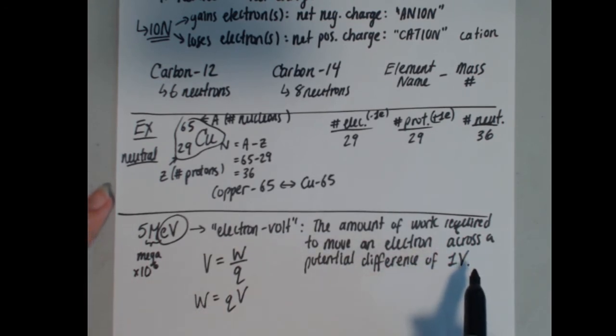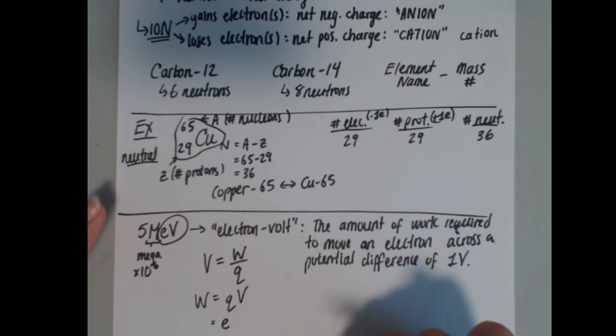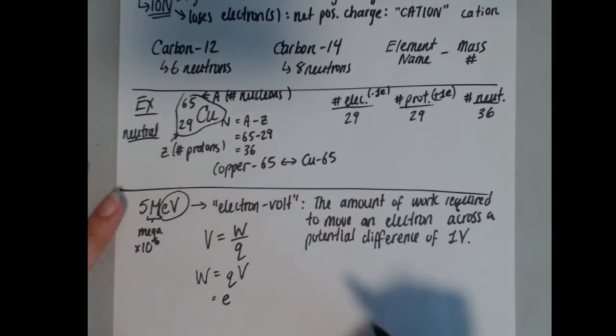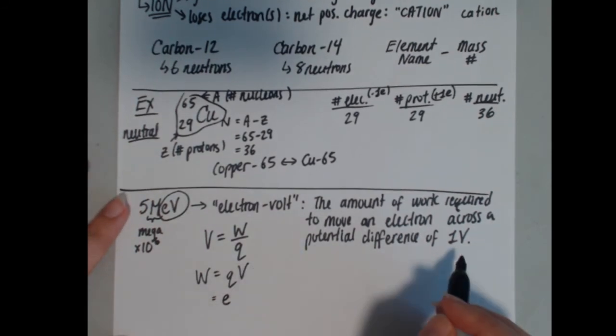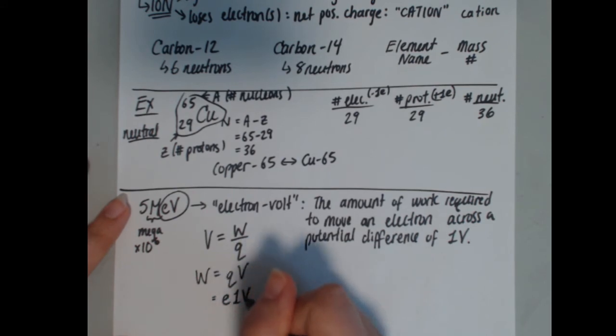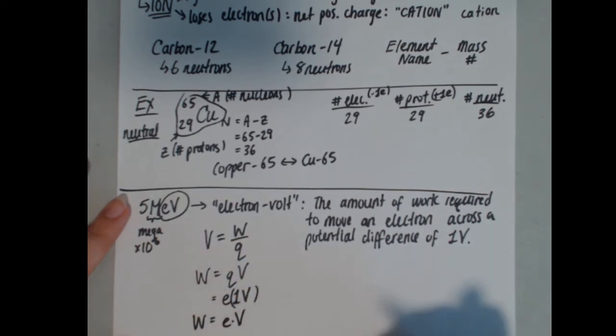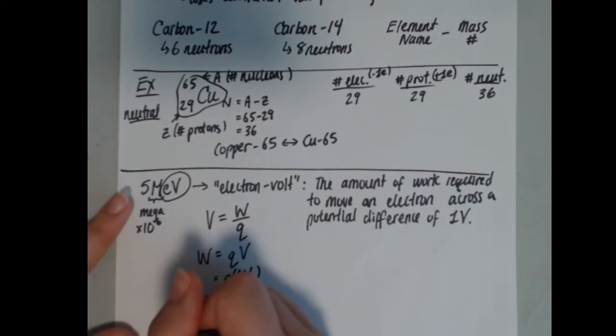Now, from what I said earlier in the video on the formula sheet, the charge of an electron is e. Specifically, it's negative e because it's an electron, but let's just go with the magnitude for now. V is the potential difference. If it's 1 volt, we can just say 1 V. That means the work is equal to e times 1 V. So what is work?